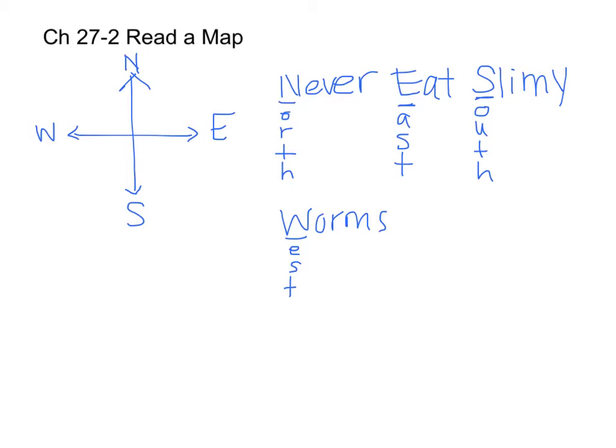So when we're reading directions on a map, if the origin is here in the middle, and that's going to be 0, 0, if they're asking you to go east, what direction are you going in? To the right. Okay, so R, think of going to the right. And if you're going west, what direction are you going in? Left. So yesterday it would be like our negative numbers, right?